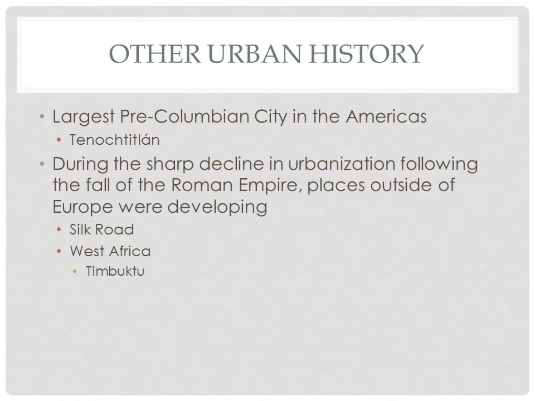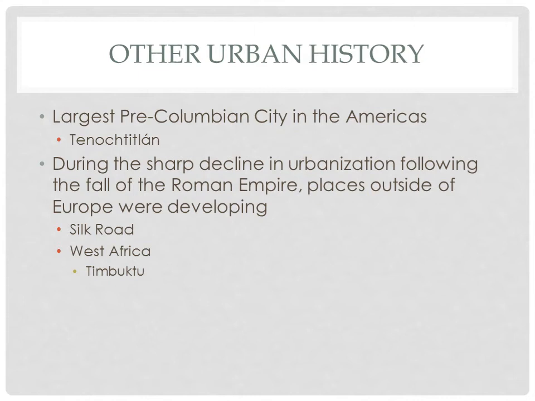The largest pre-Columbian city in the Americas was Tenochtitlan, which was the heart of the Aztec Empire in Mesoamerica, in what is now modern-day Mexico. And in fact, Mexico City sits where Tenochtitlan was. And Tenochtitlan had roughly a population of about 100,000. Now, Athens was the first city to achieve that, but Tenochtitlan was 100,000 people.